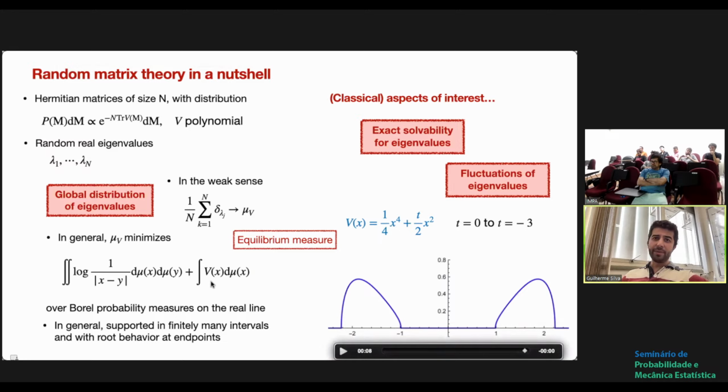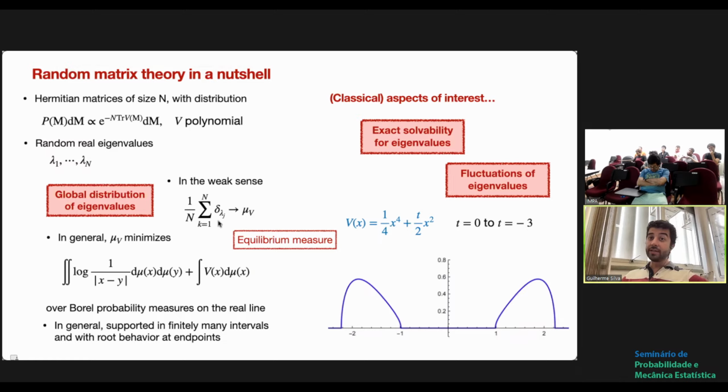In general, for any polynomial potential v, you can prove that the density of this equilibrium measure is compactly supported, and the support consists of finitely many intervals, and the density itself vanishes as a square root at the endpoints. In other words, you have quite refined control of the global density of eigenvalues in the large matrix limit.